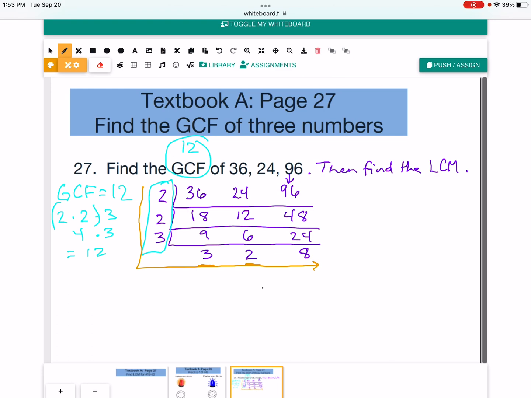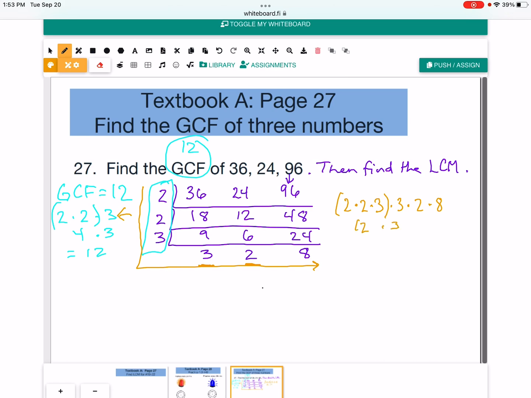So starting with the greatest common factor factors, that's going to be 2 times 2 times 3. And then the factors we have down at the bottom left over: times 3 times 2 times 8. And let's see what we get. Well, we already said over here that 2 times 2 times 3 is 12. So I'm just going to put a 12 there.